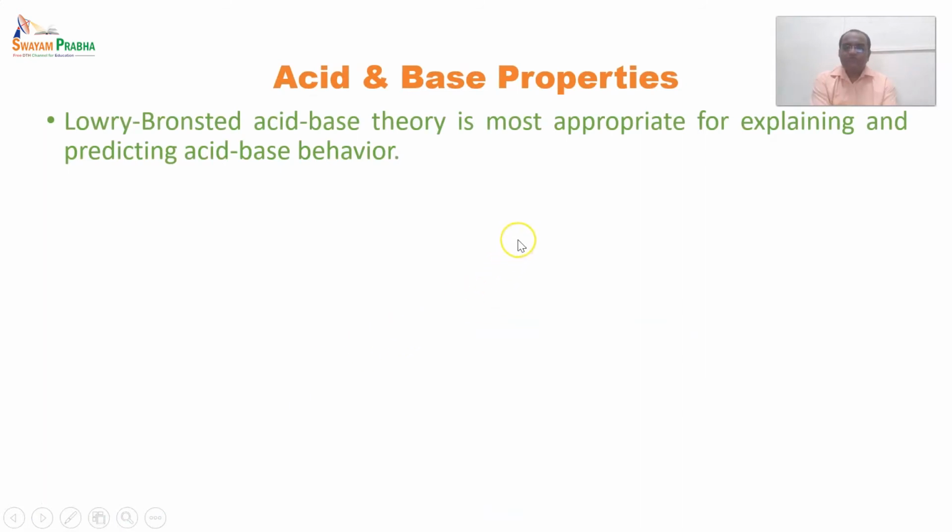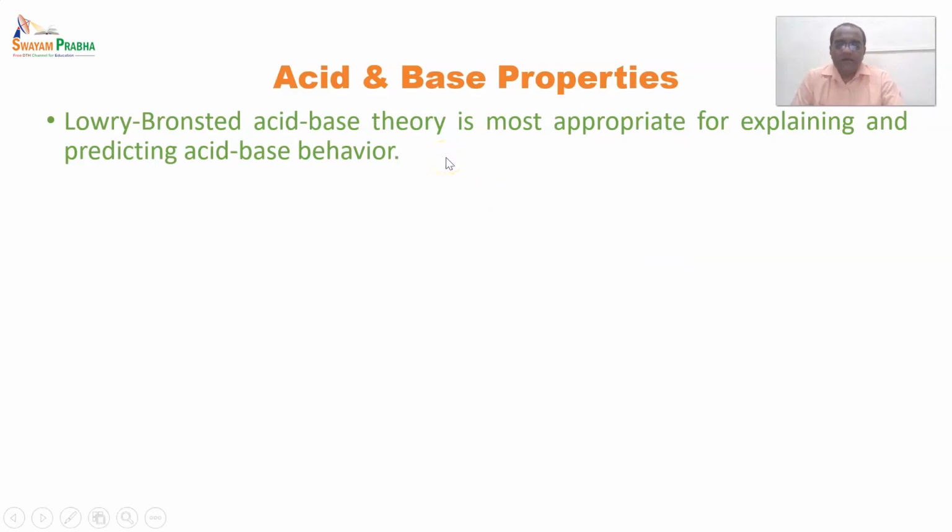There are basically three theories to explain acids and bases. One is the Arrhenius theory, the second is the Lewis theory, and the third is the Lowry-Bronsted theory. There are also some other theories which explain what is an acid and what is a base. But in the case of physicochemical properties of drugs, the Lowry-Bronsted theory is the most suitable for acid-base behavior.